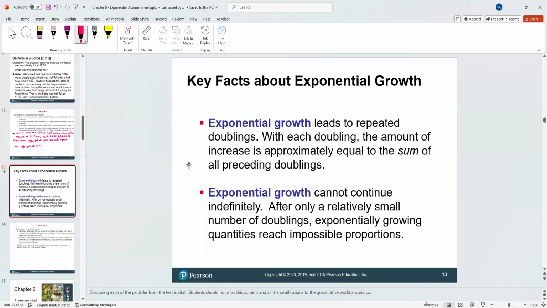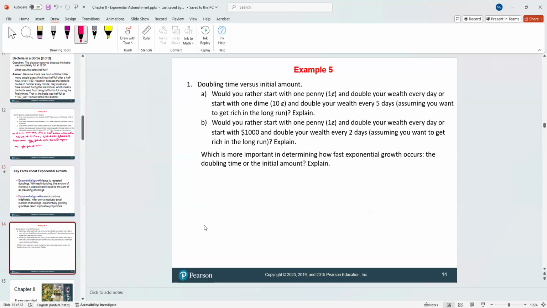With each doubling, the size of the most recent doubling is approximately equal to the sum of all preceding doublings. Exponential growth cannot continue indefinitely after only a relatively small number of doublings. Exponential growth quantities reach impossible proportions. So remember that you need to be careful with exponential growth. Very important facts about exponential growth.